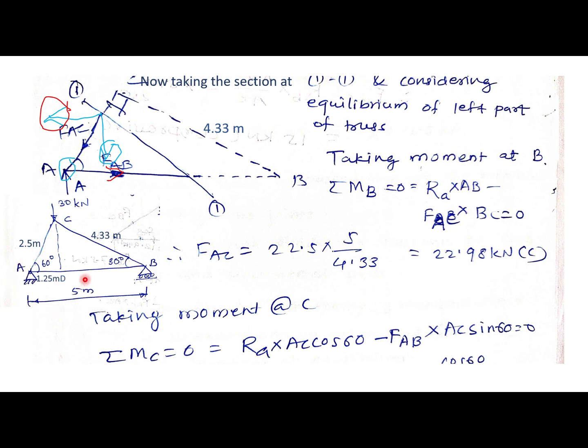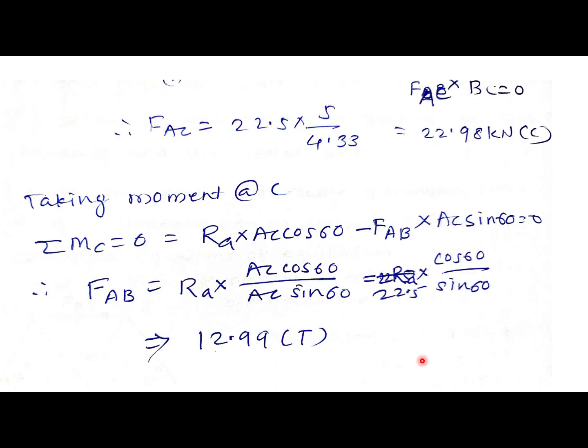We get this distance as 1.25 meter vertical distance. Similarly, for this force FAB, the perpendicular distance is AC sine 60, which we can easily find out by applying the geometry of the figure.